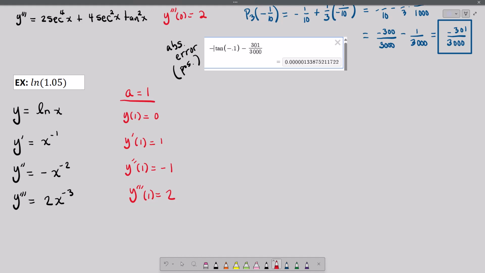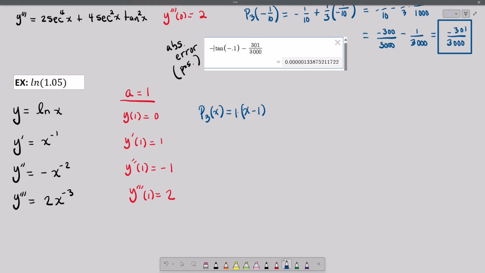Any issues with the derivatives or the values at the center? That all look good? So then we're going to construct our polynomial, p sub 3. So p sub 3 of x will be 0, and we'll leave the factorials off this time since we kind of know what we're doing. Now we're putting in a 1 multiplied by x minus the center, so 1 times x minus 1 to the first power.